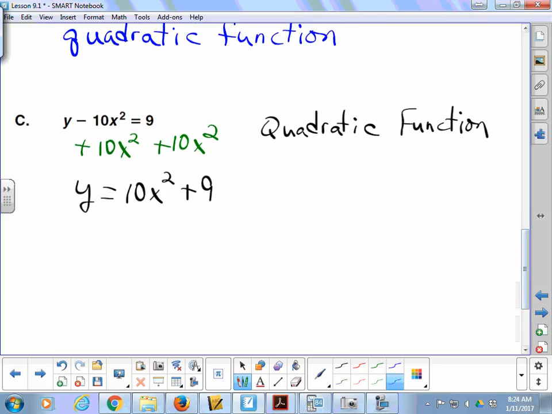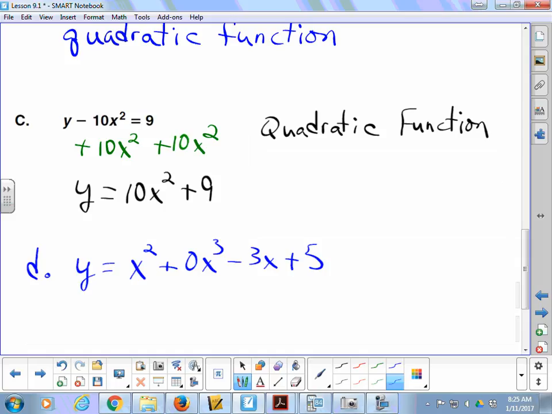Let me give you another one. There, D. So Katie, does this represent a quadratic function?